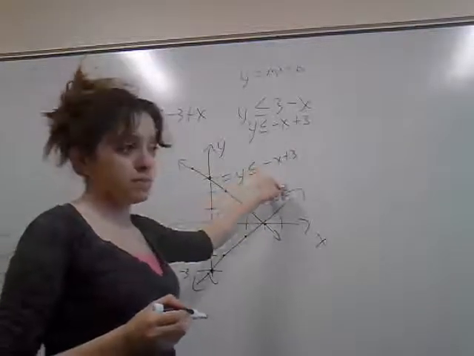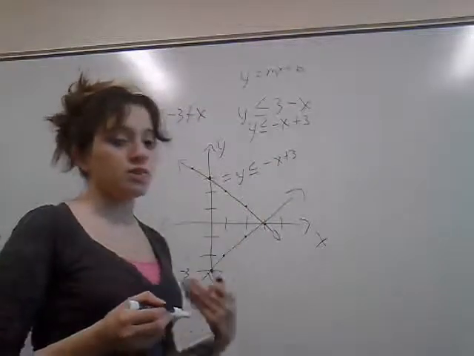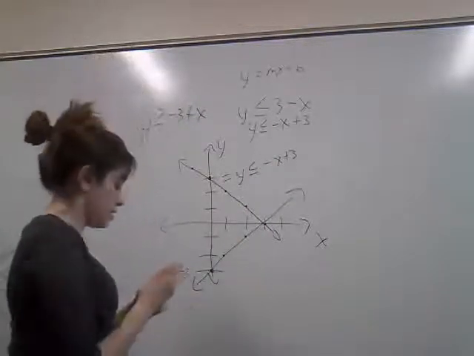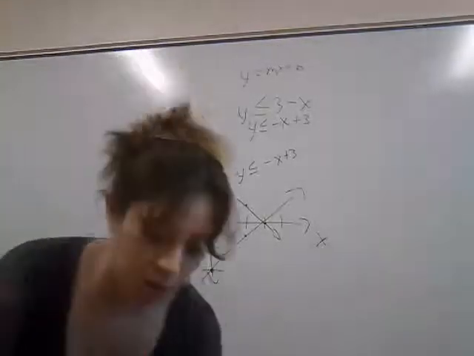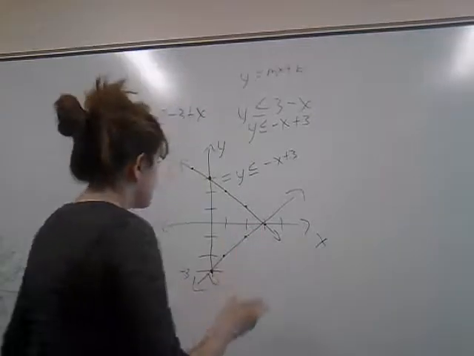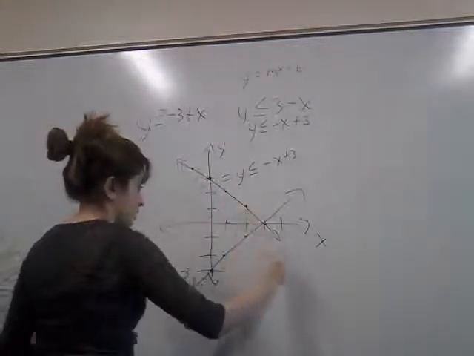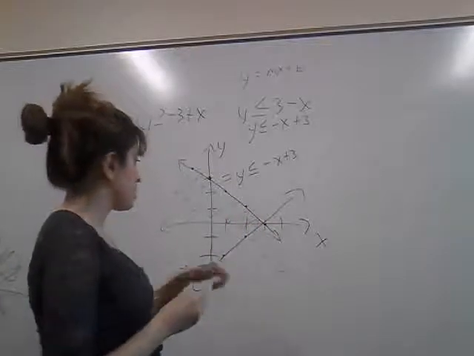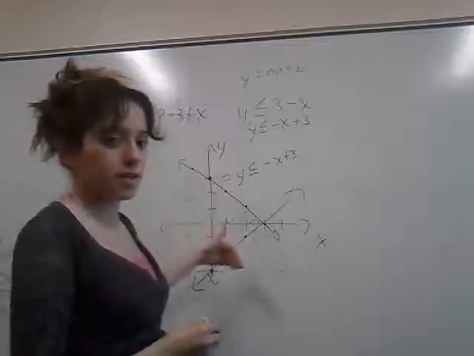Less than or equal to means all values that are less than, so we're going to be shading below the line. And I'm going to do this in a different color. These are values below the line.